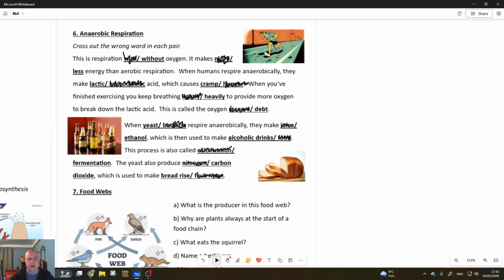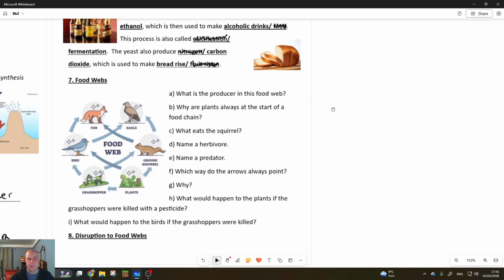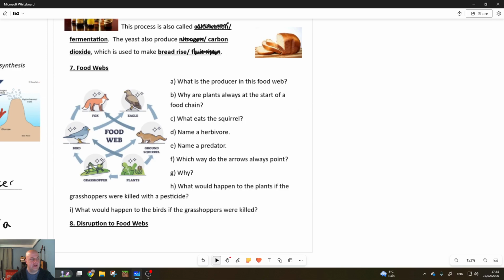There we go. Now we've spoken about anaerobic respiration, we can have a little cheeky look at the food webs. So this is our food web here. Okay, it's a very mixed up one with everything kind of eating everything else, apart from these two. The two top predators don't eat the plants directly.